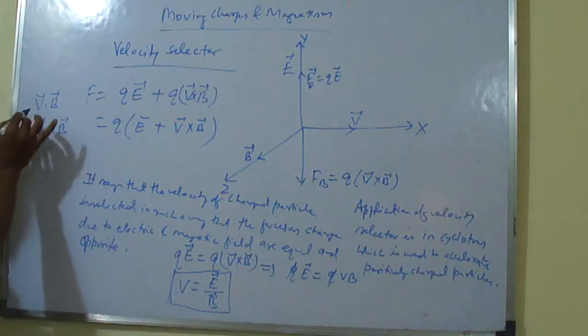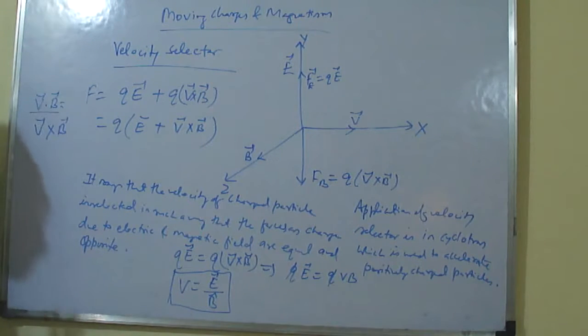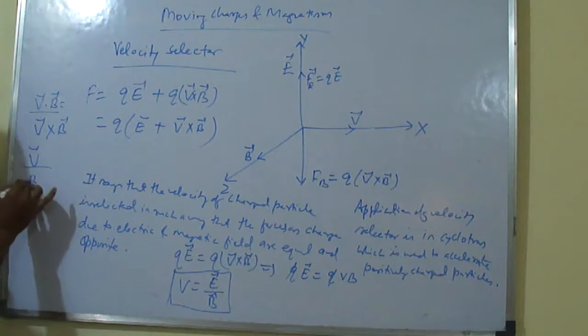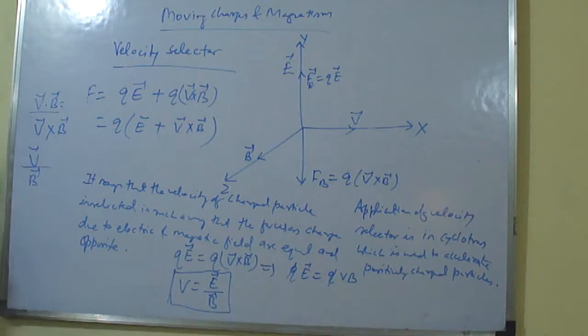If one vector is in the numerator and another in the denominator, how would that angle come here? Angle comes only in the case of dot product or vector product. In dot product you get cos theta, in vector product you get sin theta. Okay, yes, sir.